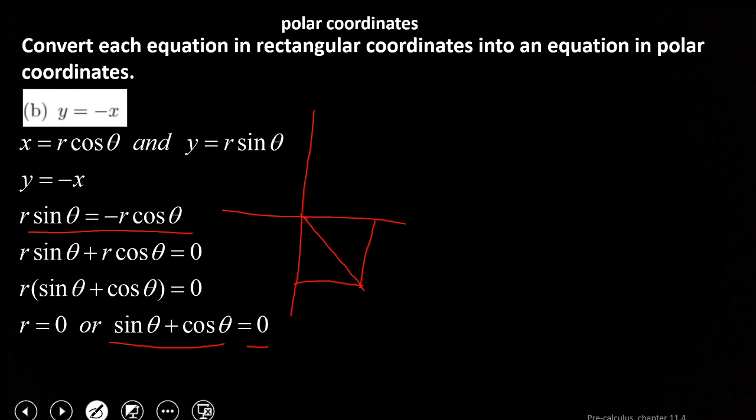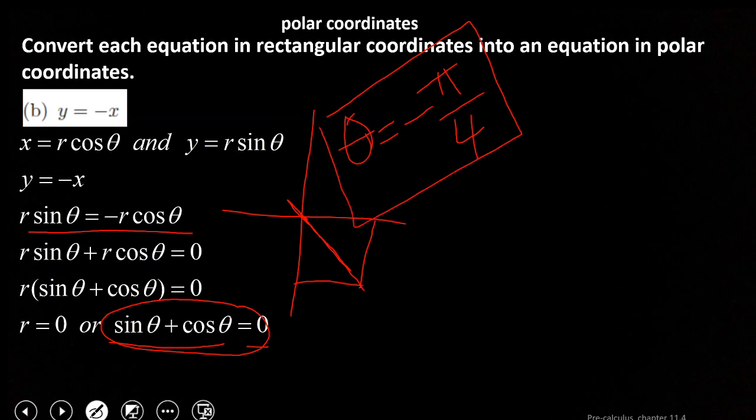So this angle right here is the solution for this, and any other angle that ends up here. It's not the only one, that's just one of them. So theta equals negative pi over 4 is what it looks like in polar form.